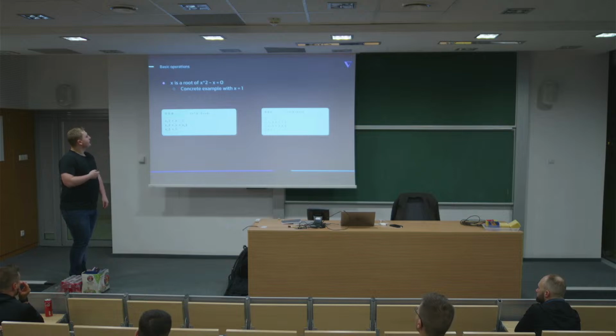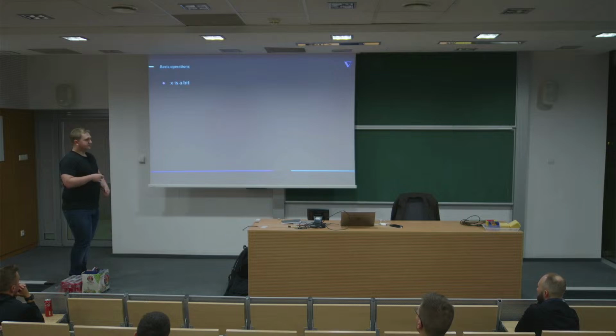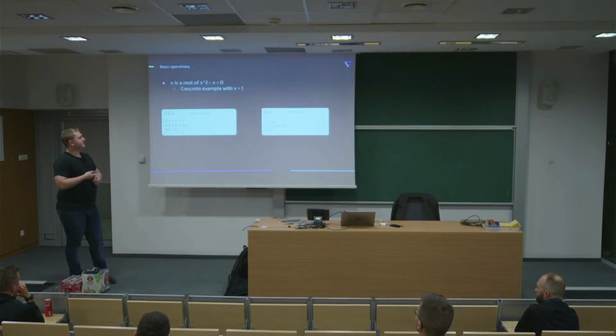And now, as we can check that x is a root of this polynomial, we will check that x is a bit. A bit is a value that's either 0 or 1, and it's essentially the same task, because this computation is correct only if x equals 0 or x equals 1.